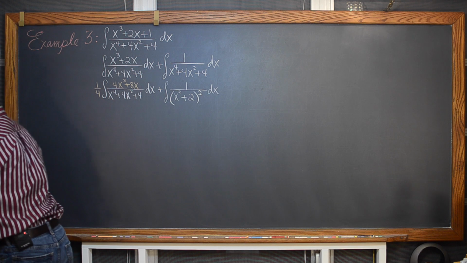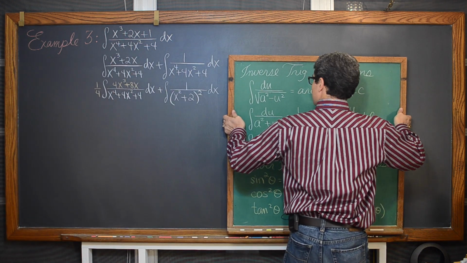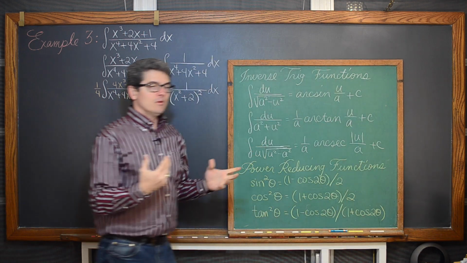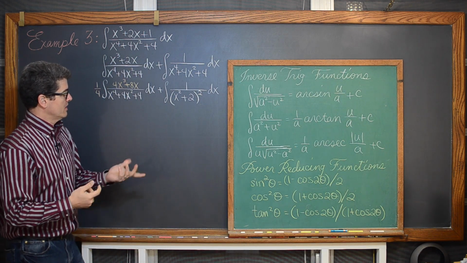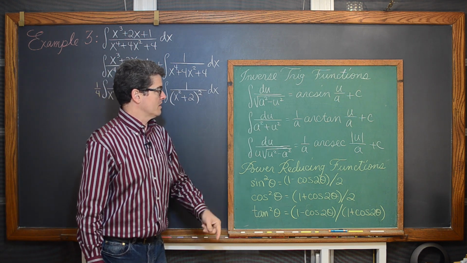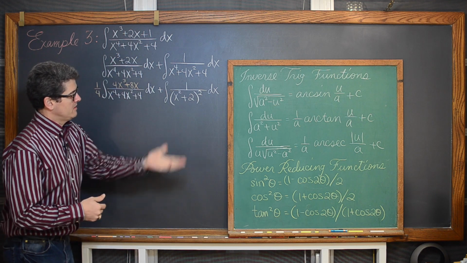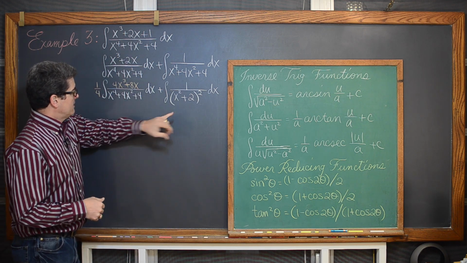Pulling over our fancy picture in picture and thinking, well, maybe it's just an inverse trig function integration situation here. Well, we have the indefinite integral of du over a squared plus u squared, giving us an arc tangent expression.